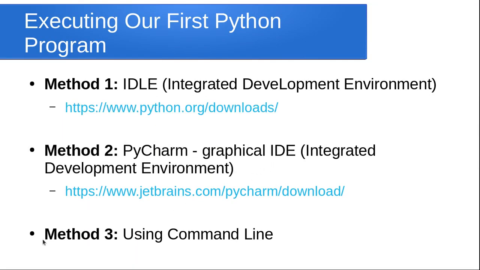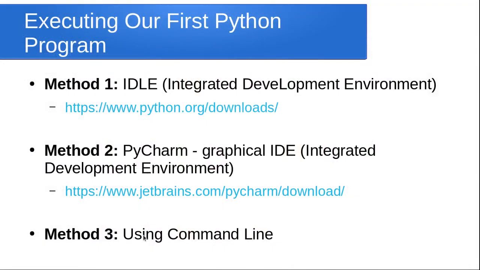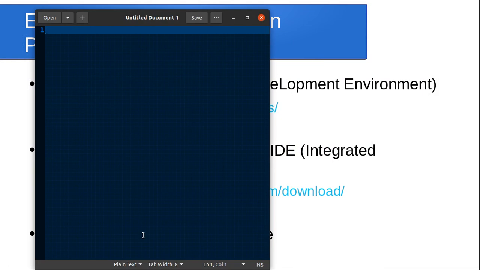And the third method is using the command line. With the command line, I'm going to create my Python code using a text editor and run the program through the terminal. So I have opened a text editor.